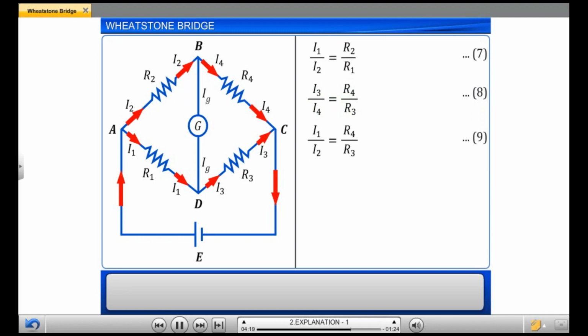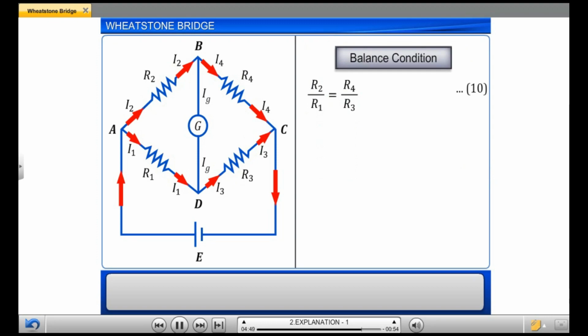From equations 7 and 9, we can write R2 divided by R1 is equal to R4 divided by R3. Let this be equation 10. Equation 10 denotes the relationship between the four resistors for the galvanometer to produce zero or null deflection.